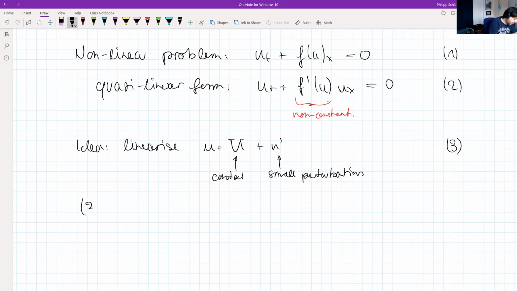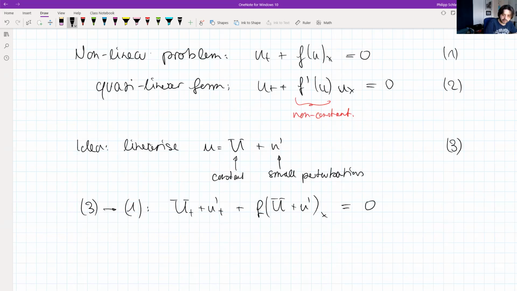Now, of course, I can put equation 3 into equation 1. So in my nonlinear problem, what I get, if I just write it down, is U_t plus u prime_t plus the derivative of f of U plus u prime with respect to x, and this is 0.